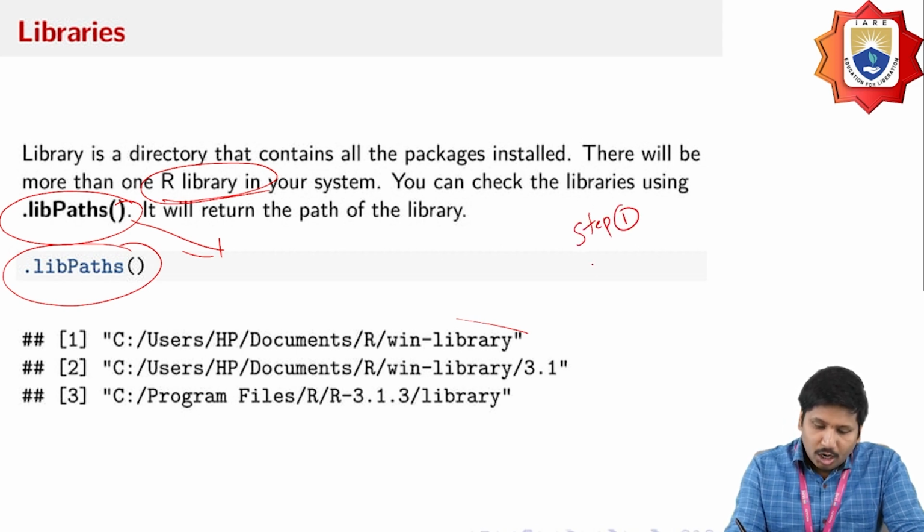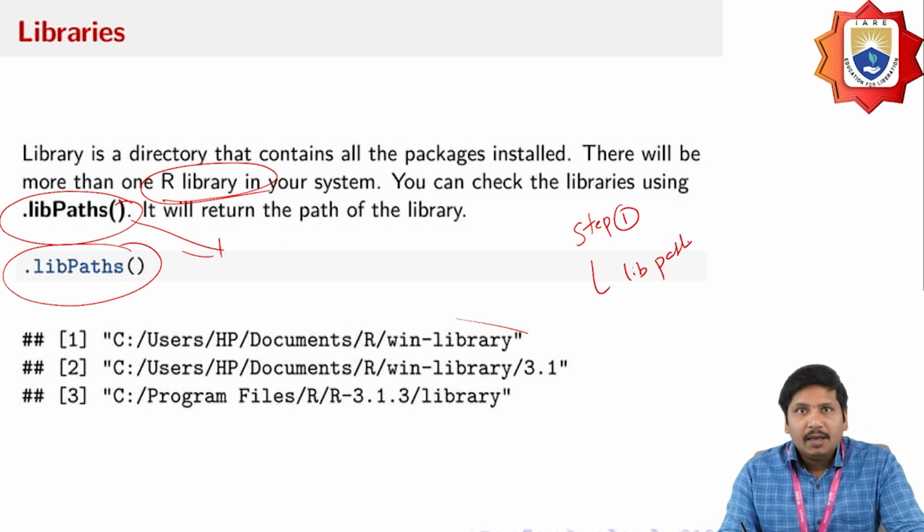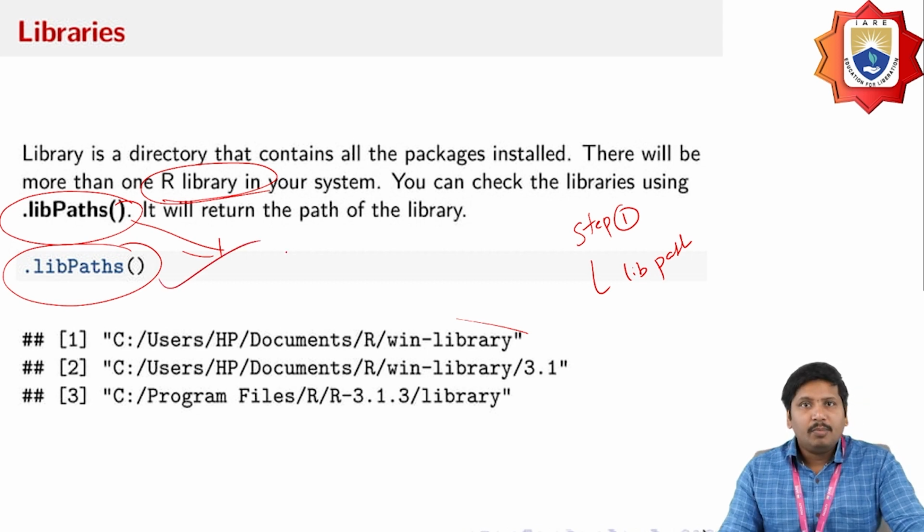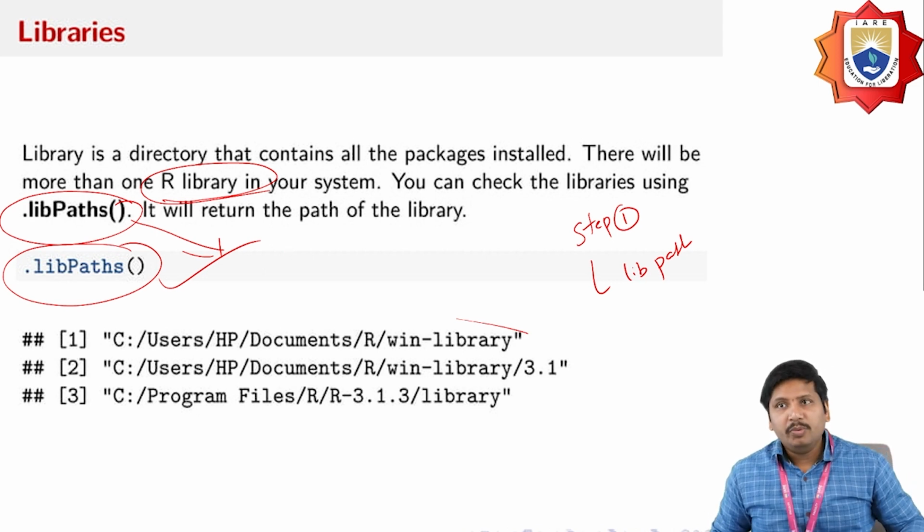In step one, you have to know the library paths where all these packages are going to be installed. By making use of the .libPaths() function, I can know where these packages are going to be installed.